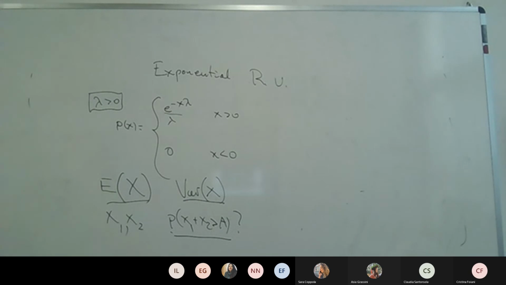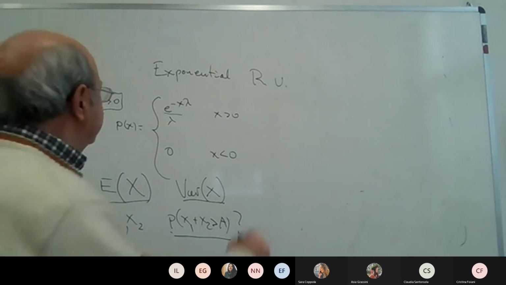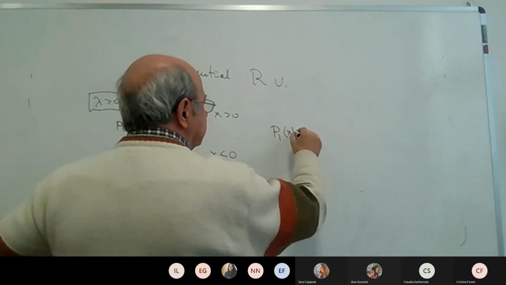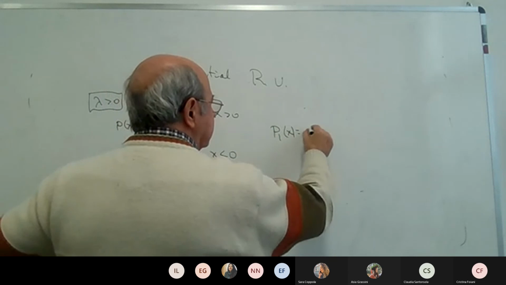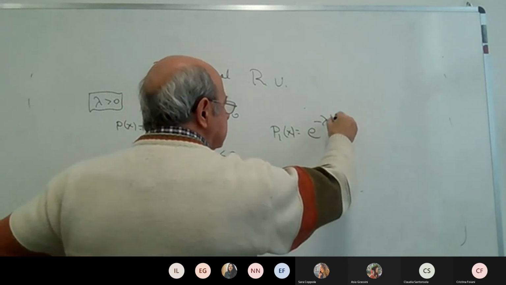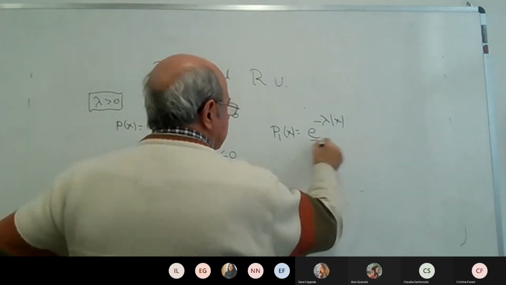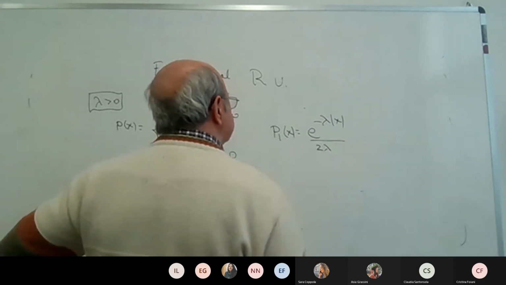Another variant is P1 of x, that is defined like a to the power minus lambda, where we put the absolute value of x, and then we have 1 by 2 lambda.